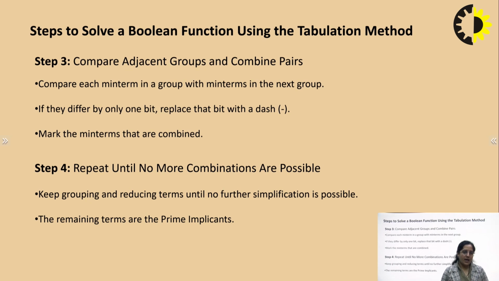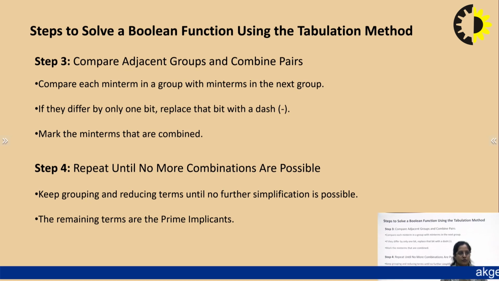When we are comparing 2 min terms, there must be a single bit change, that is only one difference. If we have 4 variables A, B, C, D, then there must be a change in only one variable, and we have to mark a dash on that variable.